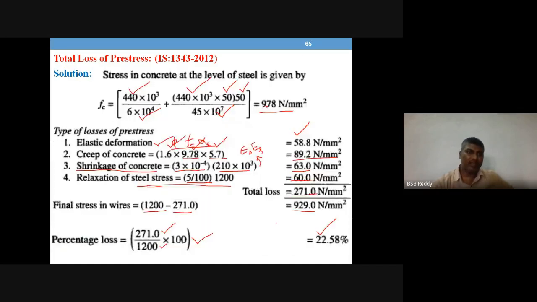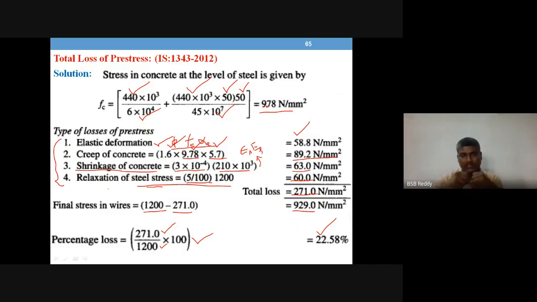Okay. And now you can see, because it is a pre-tension member, you have only four types of losses. There won't be any friction loss. There won't be any anchorage slip loss, because it is a pre-tension member, we don't provide any anchorage, and there is no relative movement of the tendons with respect to concrete.